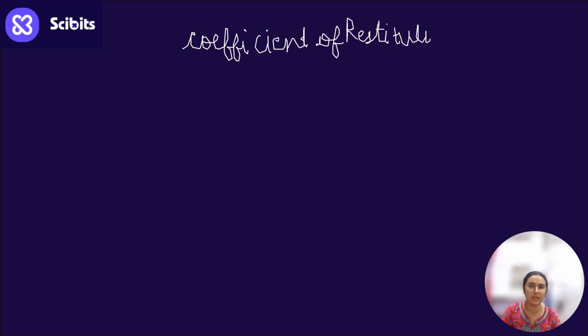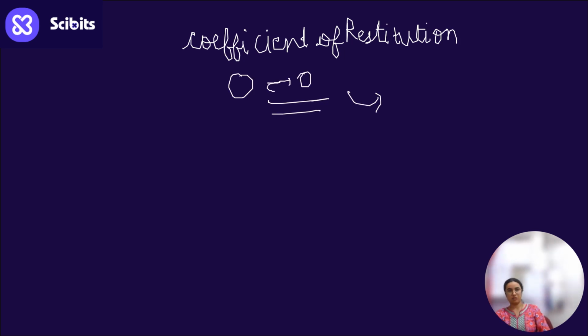This is something related to collision. If two bodies are colliding, then their momentum is conserved. Momentum and kinetic energy are both conserved if it was an elastic collision. But if it was an inelastic collision, then the momentum was conserved but kinetic energy wasn't.